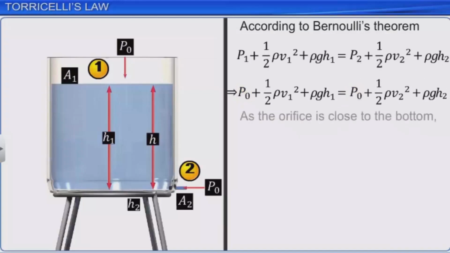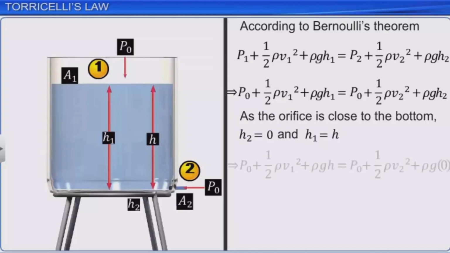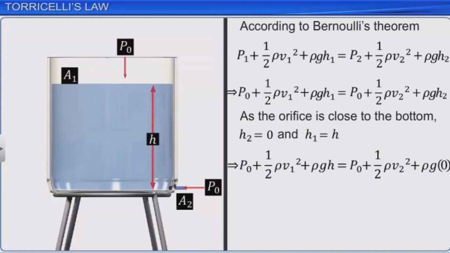As the orifice is close to the bottom of the tank, H2 is considered 0 and the height H1 is taken equal to the height H of the liquid column between the orifice and the top level of the liquid. Thus, we arrive at the expression shown. On simplification, we get the expression shown.